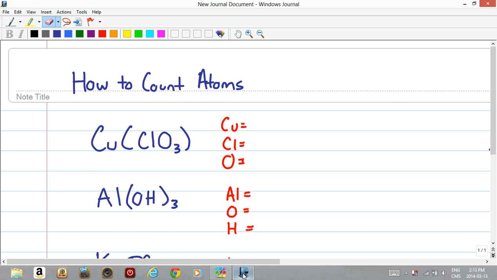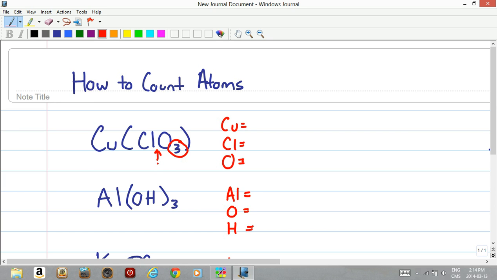It's copper(II) chlorate, and there are a few things you have to keep in mind. First are these subscripts. Subscripts are the little numbers to the right of the element. For example, you see a 3 to the right of oxygen, and if you don't see anything, that means 1.